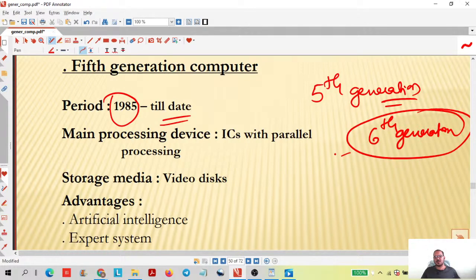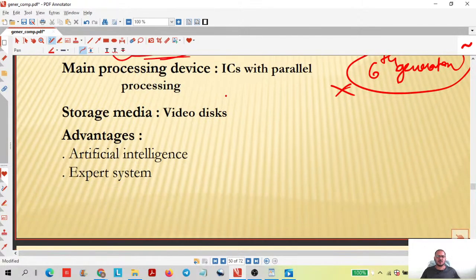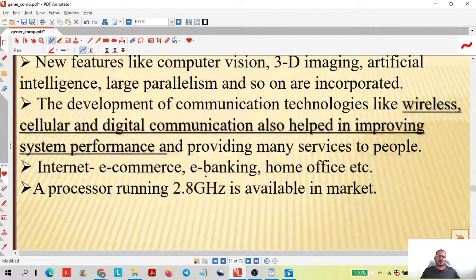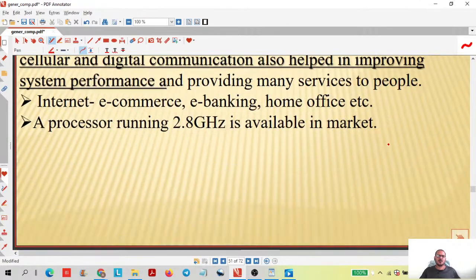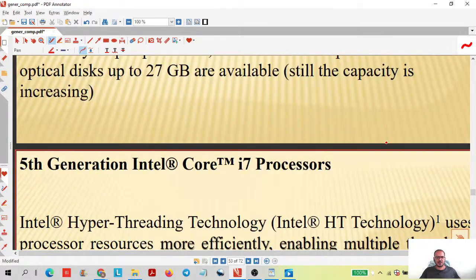Here we can say from 1985 onwards we have fifth generation computers, with the introduction of cutting edge technology and the development of expert systems, and concepts like computer vision, machine learning, AI, then large parallelism. And with development in communication technology like wireless, cellular, digital communication, all these come in the fifth generation computers.